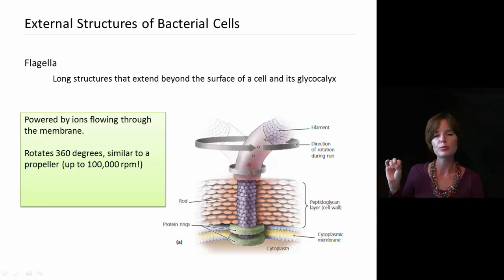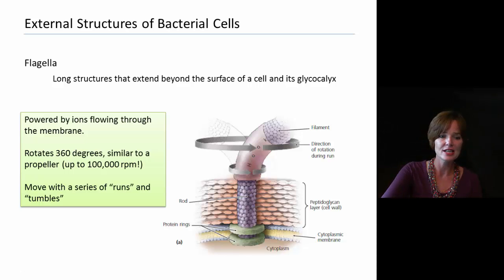So just think about if you blew air on a fan or on a propeller, that would cause this rotation. That's what the gushing out of the ions is going to do. And these propellers, these flagella, they move really fast. They can move up to 100,000 RPMs. That's revolutions or turns per minute. So 100,000 turns per minute. This is going to enable them to move pretty fast.